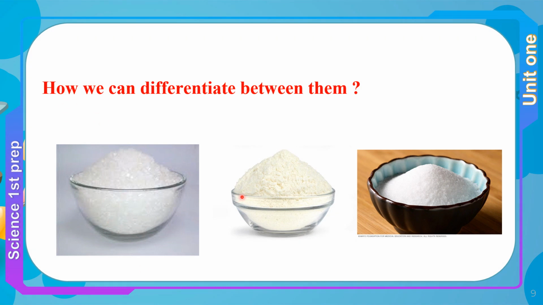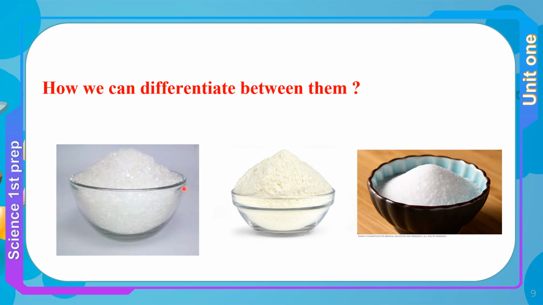Okay, now I have different materials. All of these are what color? White. Perfect. Can you differentiate with color? No, because all of these are white.